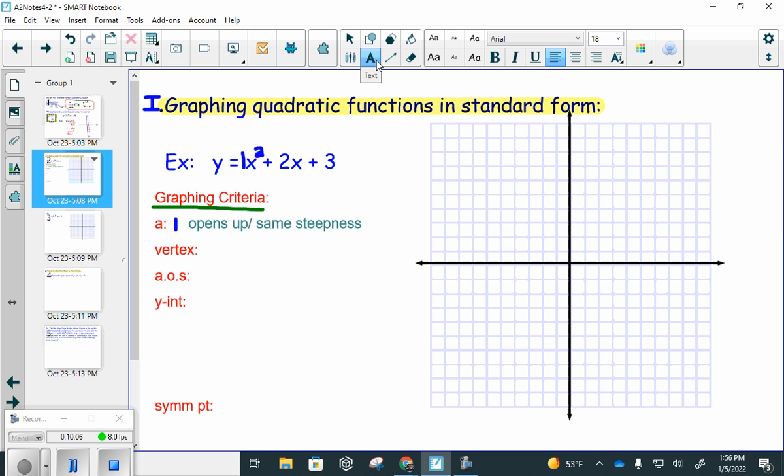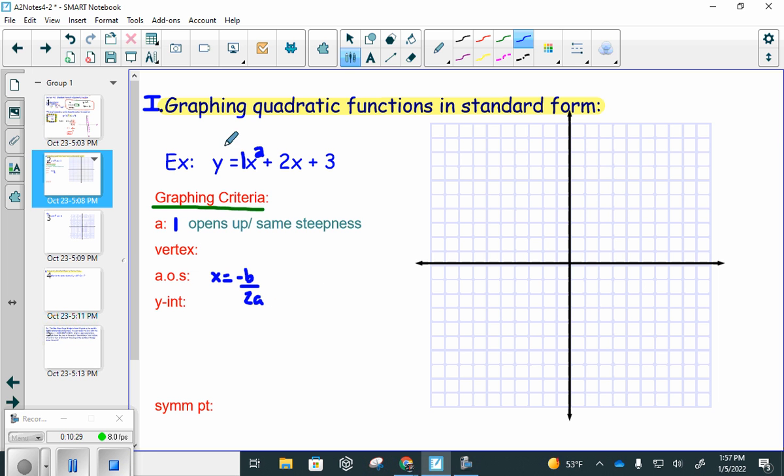Okay, the next thing we're going to do is skip to the AOS section. On the AOS, you're going to find it using x equals negative b divided by 2a. Making sure we remember the formula from the last slide. You're going to take your problem, and I'm going to work this to the side since I don't have a lot of room.